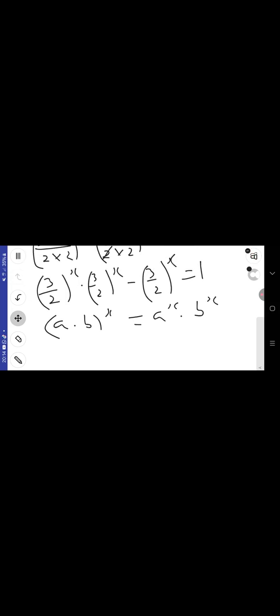So we say let a represent 3 over 2 exponent x. Wherever we see 3 over 2 exponent x, we are going to write a. So our equation is going to be a times a minus a is equal to 1.